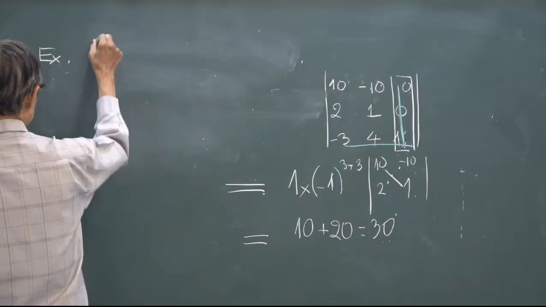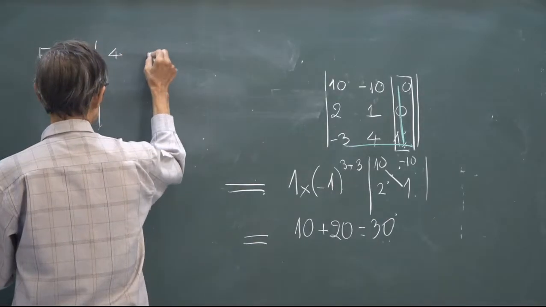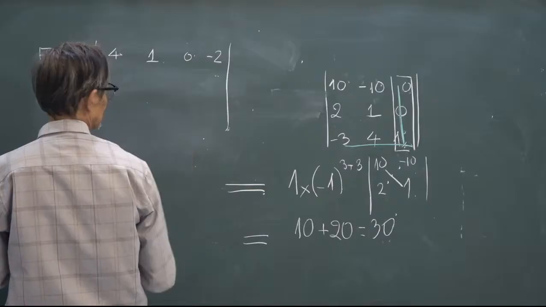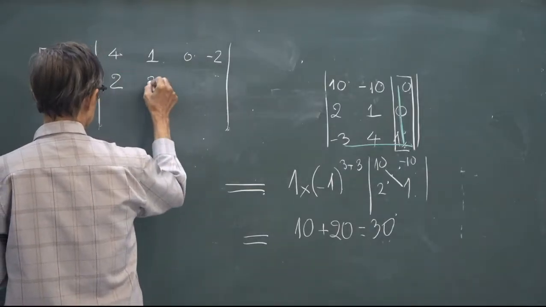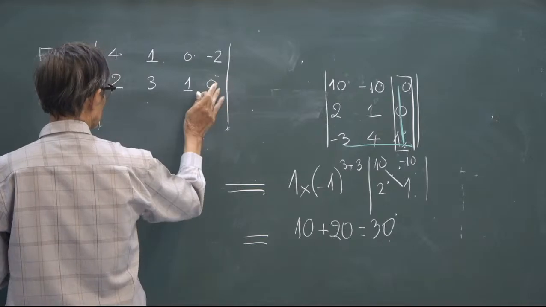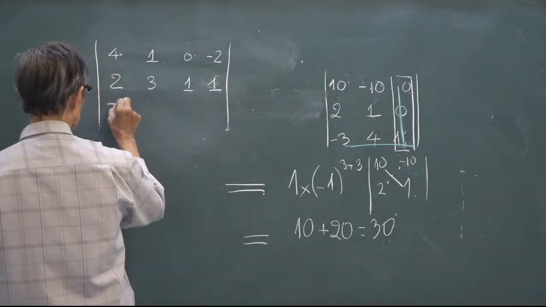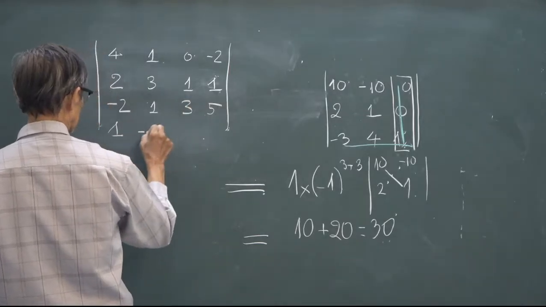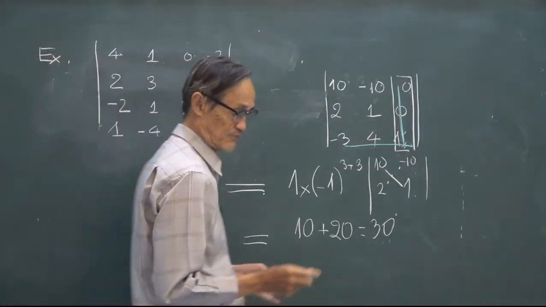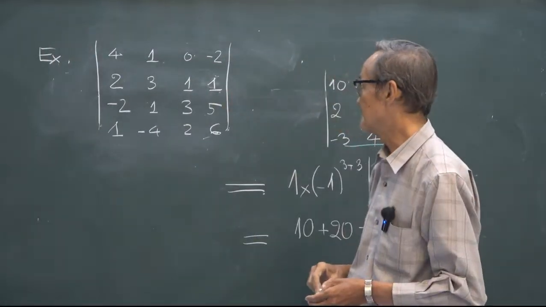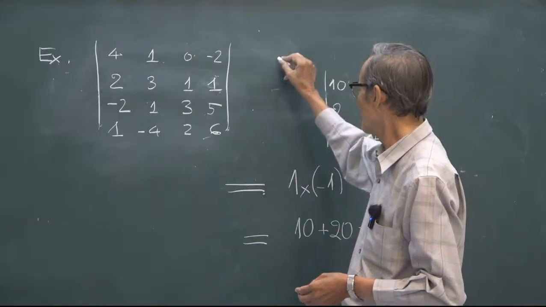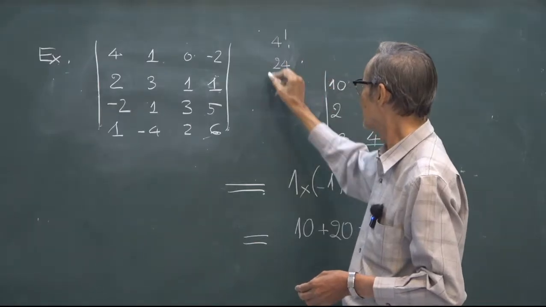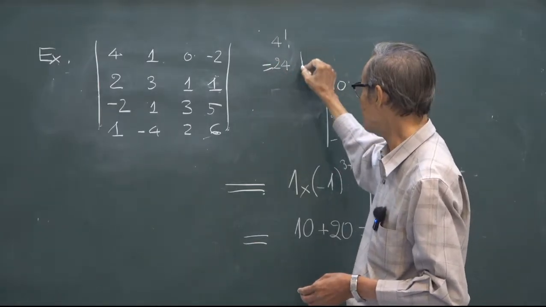Another example. Order 4. We have factorial 4 equals 24 terms.